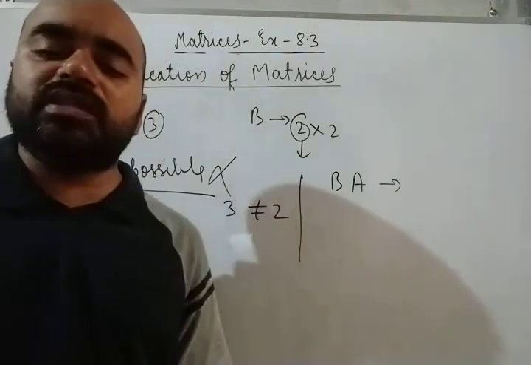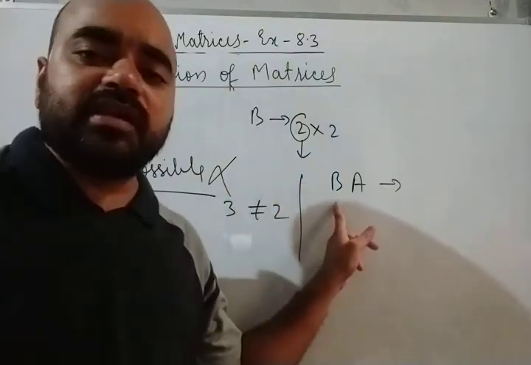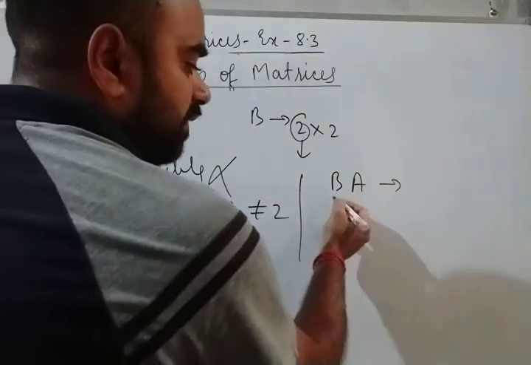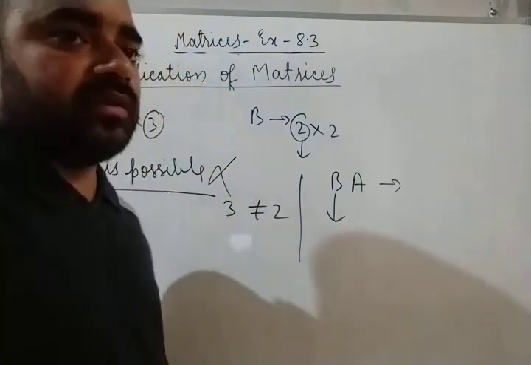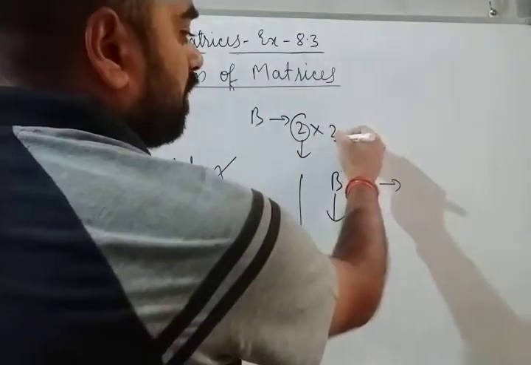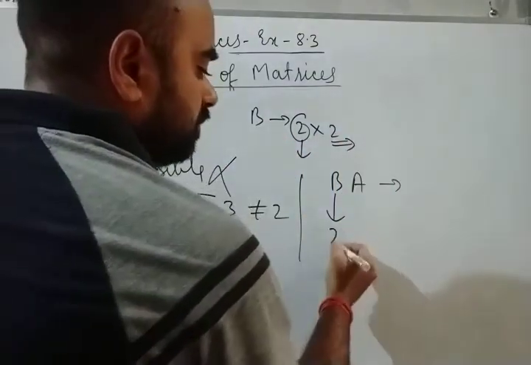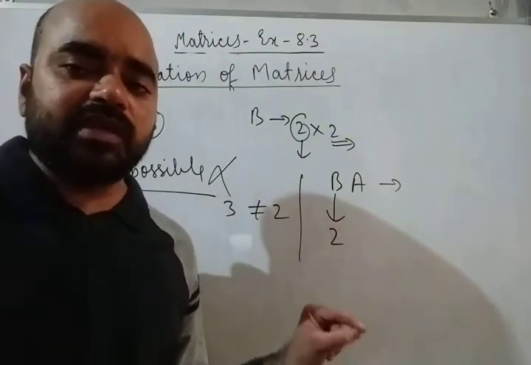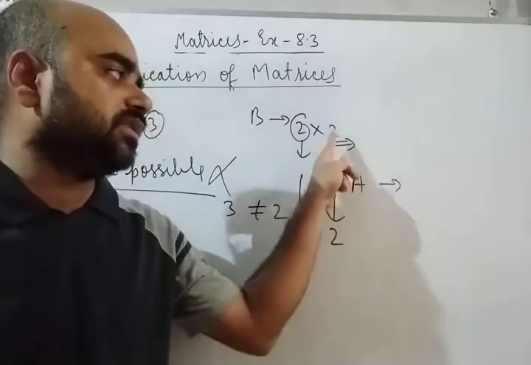Again the same definition. BA means the first matrix is B and the second matrix is A. In the first matrix, B, the number of columns is 2.